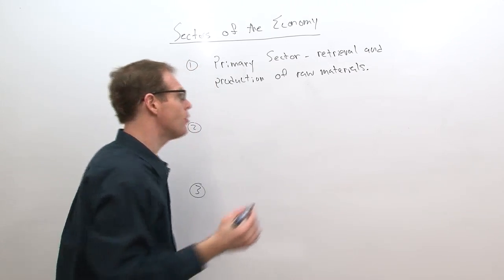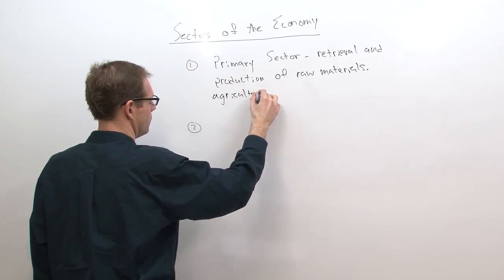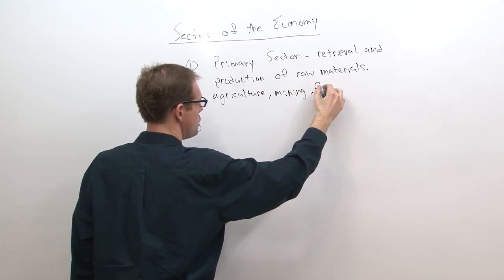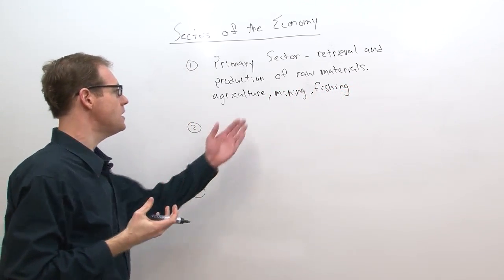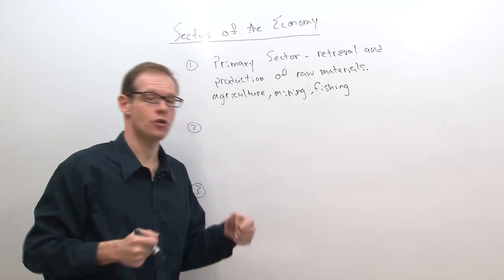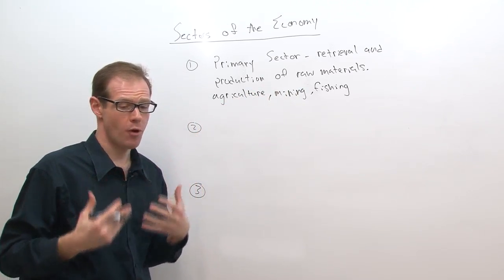I'm talking about agriculture, mining, fishing. These are not processed goods. I pick up the corn from the ground, I dig the dirt out of the mine, I grab the fish from the ocean. All of these take place on the primary level.